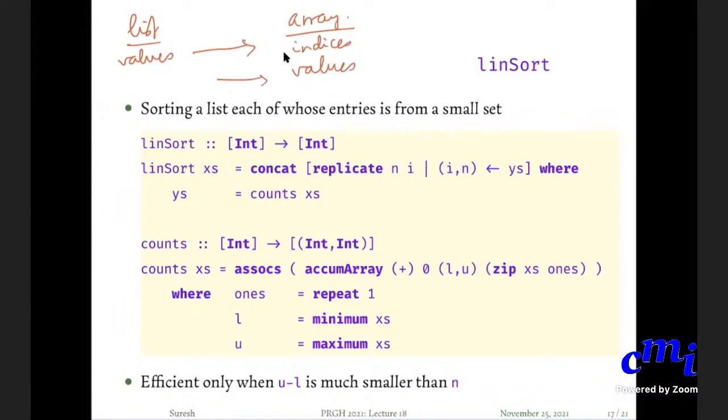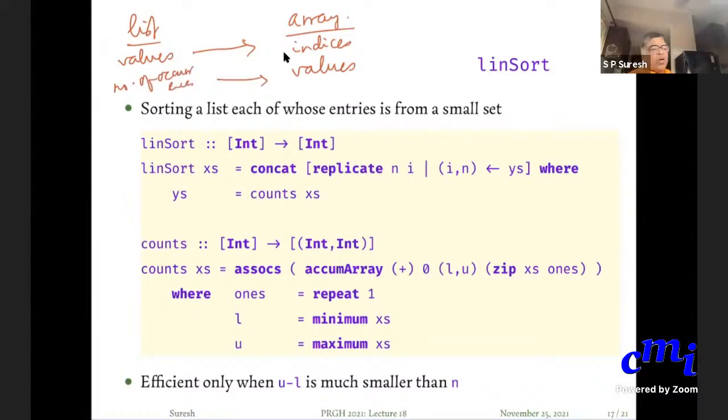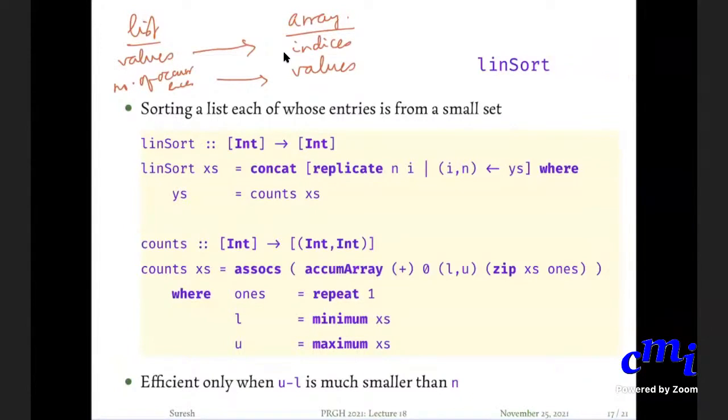Okay, yes, sir. I understand now. The number of occurrences of each particular value is your value. The index itself is your original values of the list.